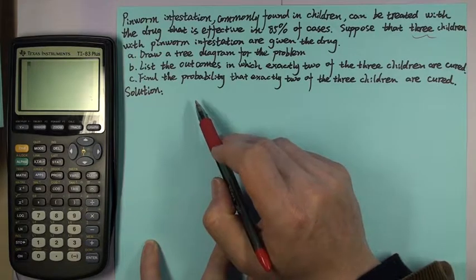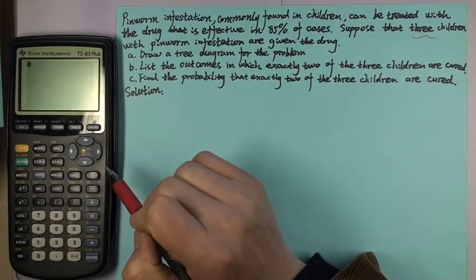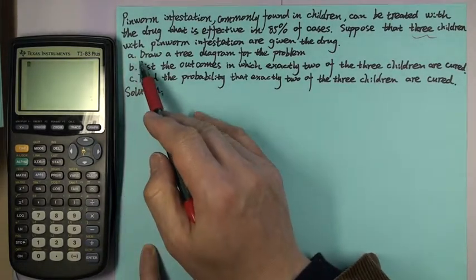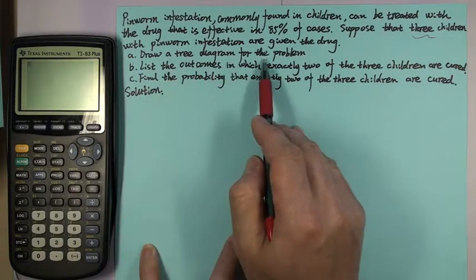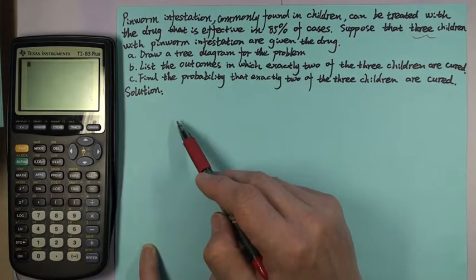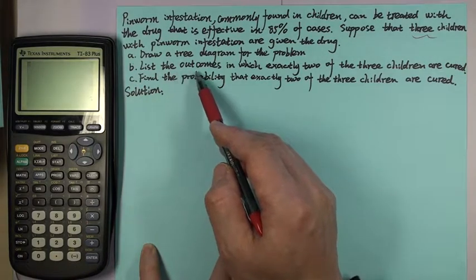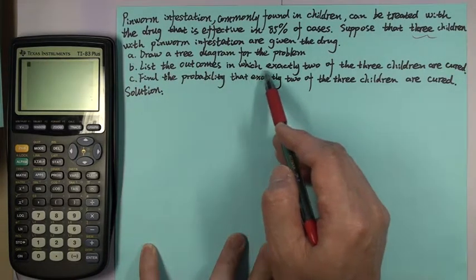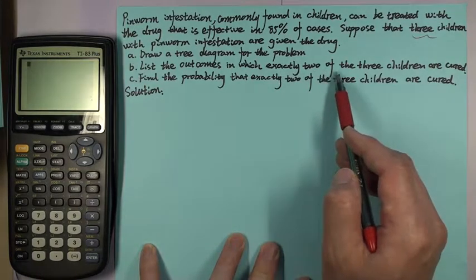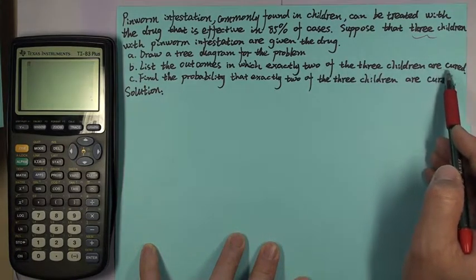It asks us to do 3 things. First one, A, draw a tree diagram for the problem. B, list the outcomes in which exactly 2 of the 3 children are cured.